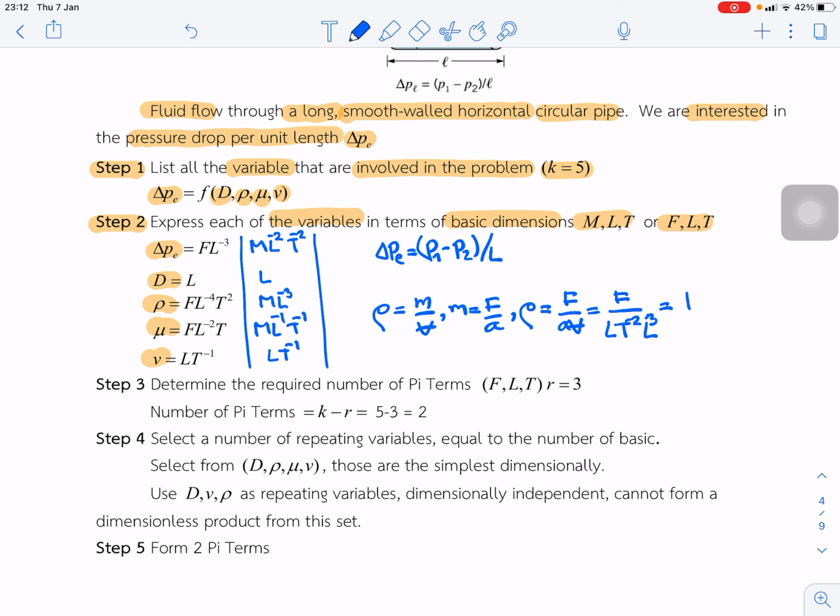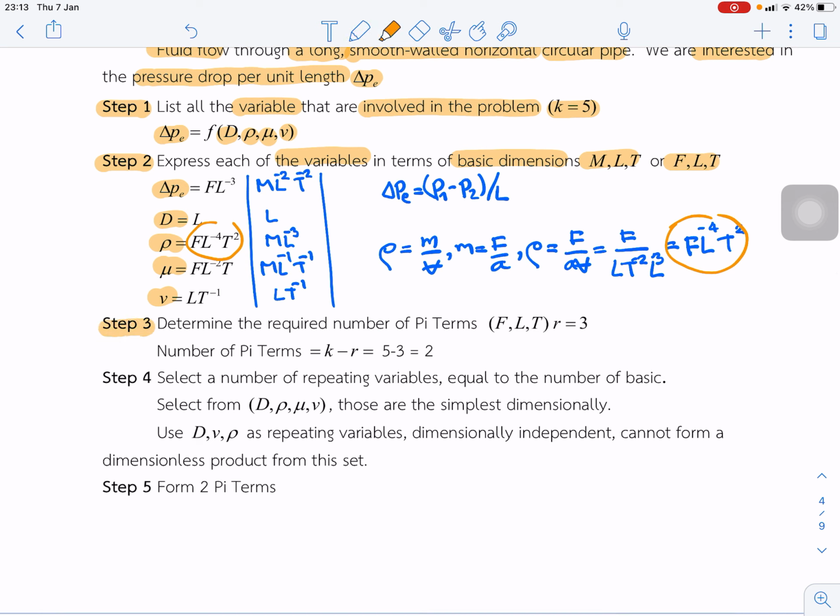So finally the basic unit for density is F times L to the power minus 4, and T to the power 2. Okay, so it's similar to what we got here. You can derive it by yourself if you can't remember the basic unit of the density.